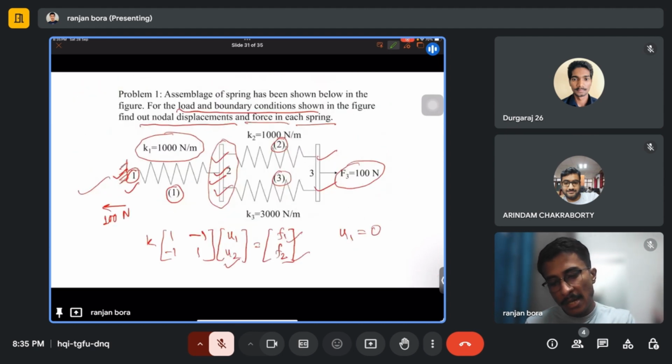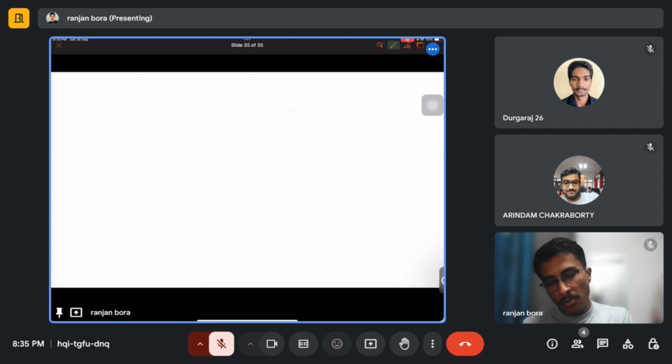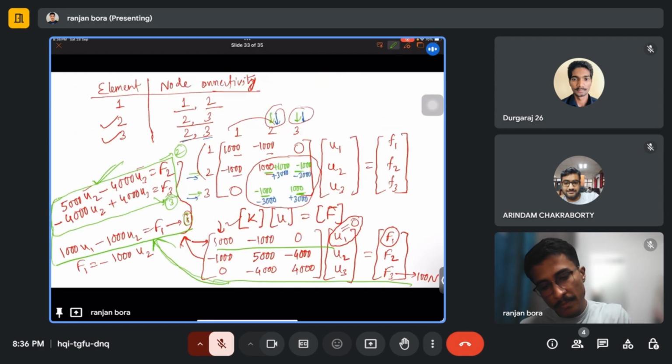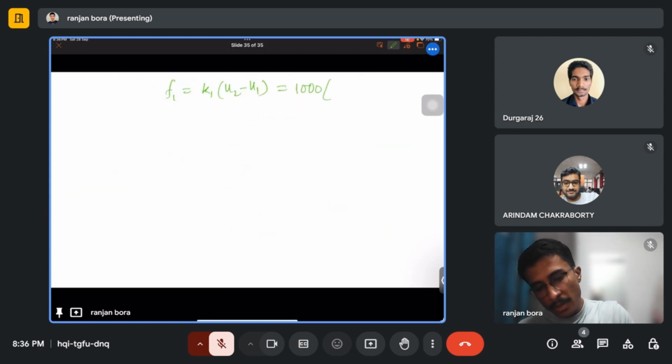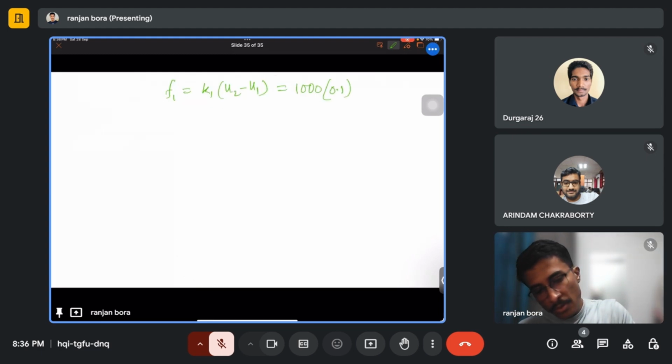So we have found the nodal displacements. Now we need to find the force in each spring. How will we find that? The force in the first spring will be K1 times U2 minus U1. K1 is given as 1000, U2 is 0.1, so it will be 100.